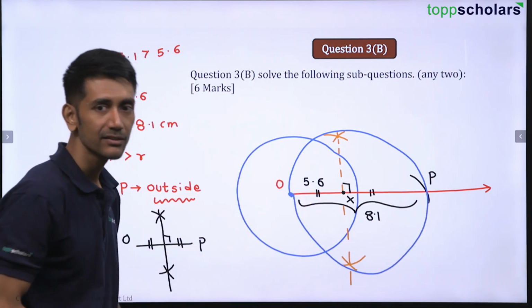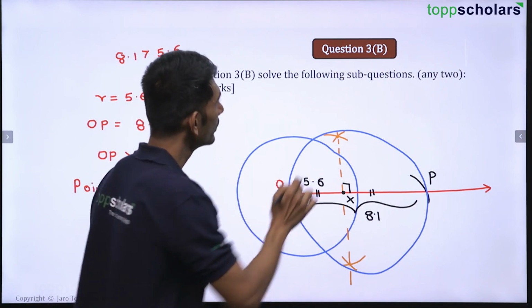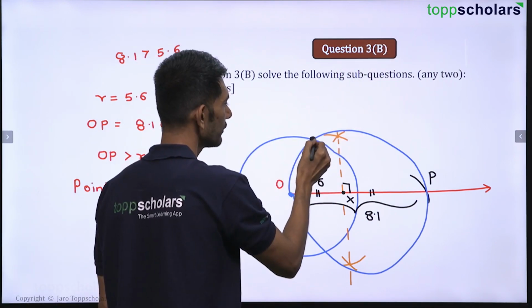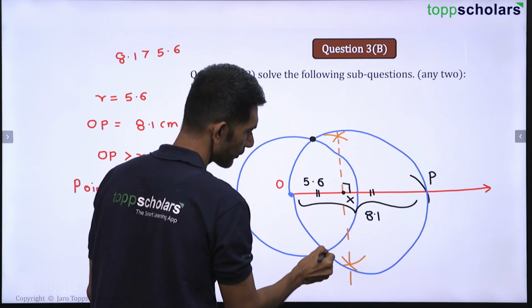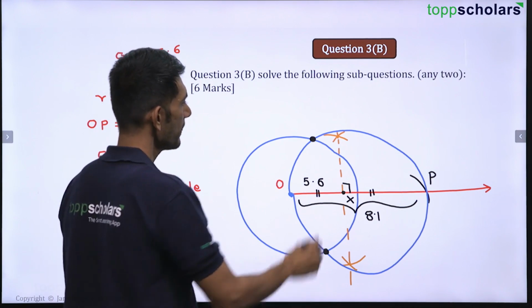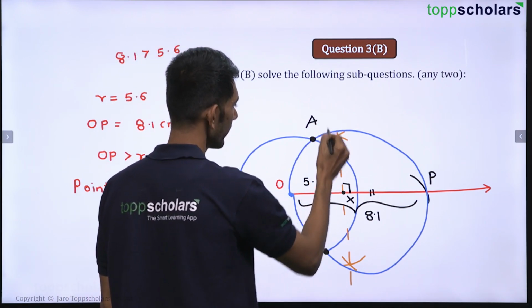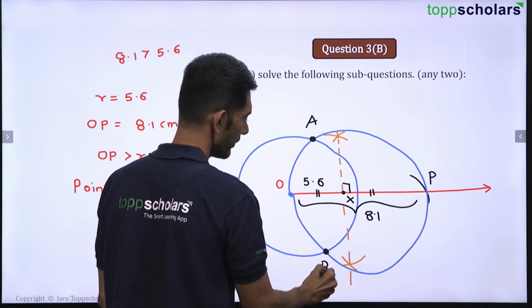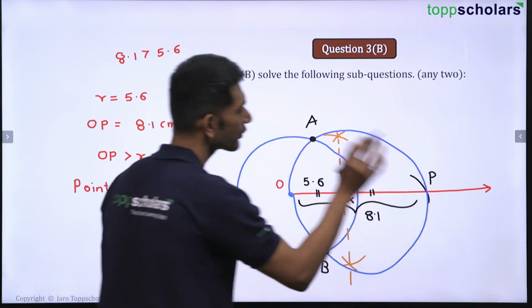Okay, something like this. Now what you do is, let's take black, observe this point. These are two important points for us. Name this point as say point A, name this point as say point B, and draw two tangents from P. That's it.